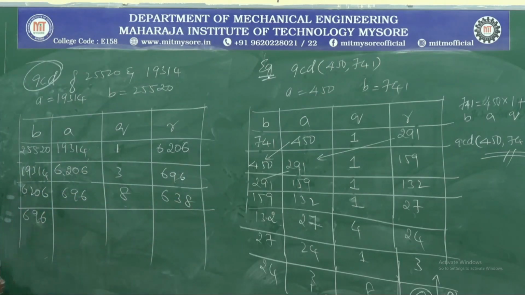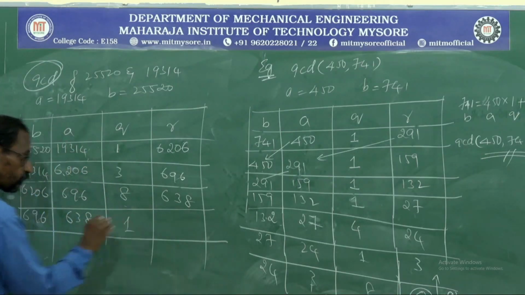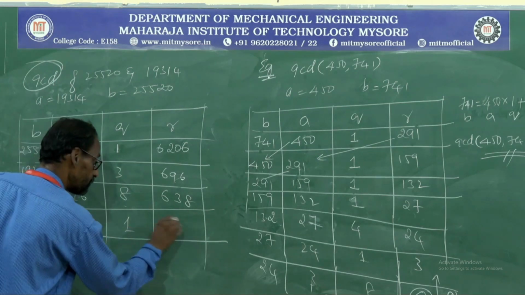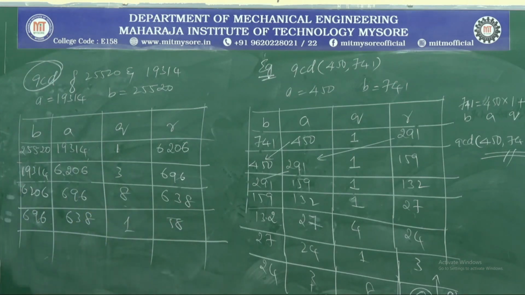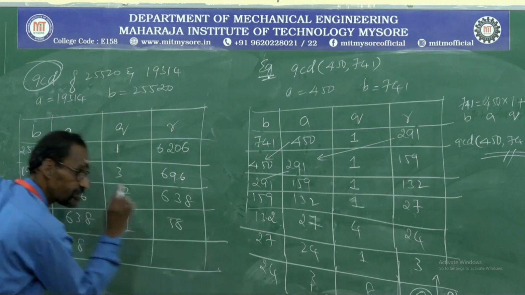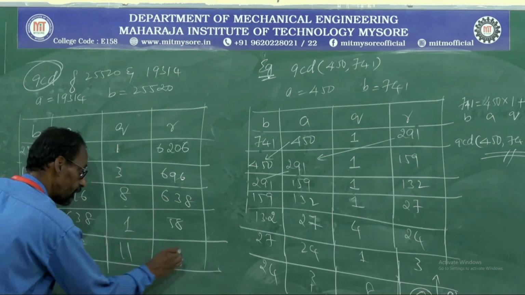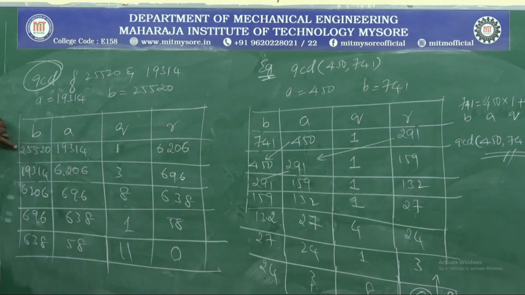Consider 696, consider 638. It is 1 times 58. You consider 638, you consider 58. See the beauty now? It is 11 and it is going to be 0.